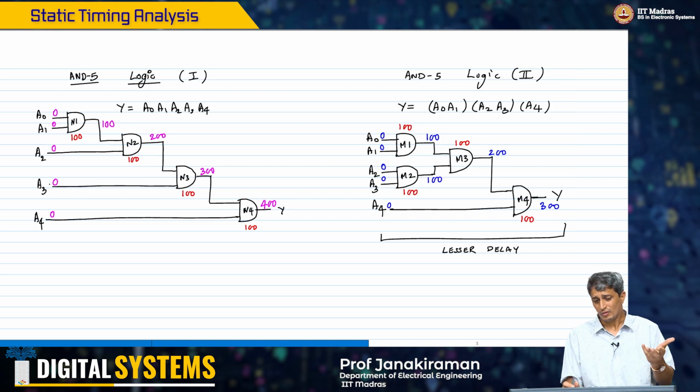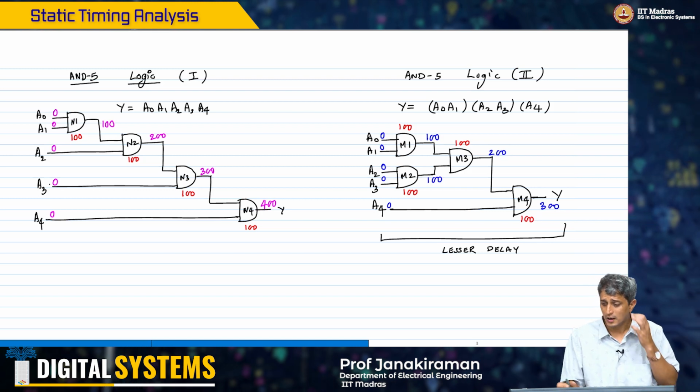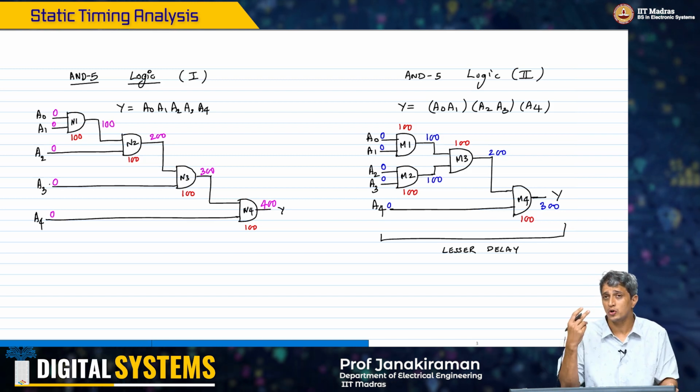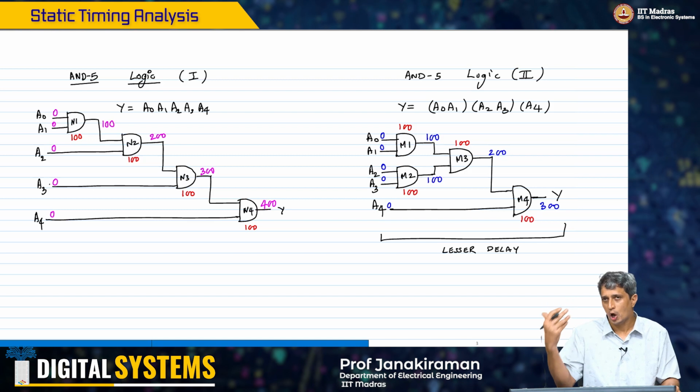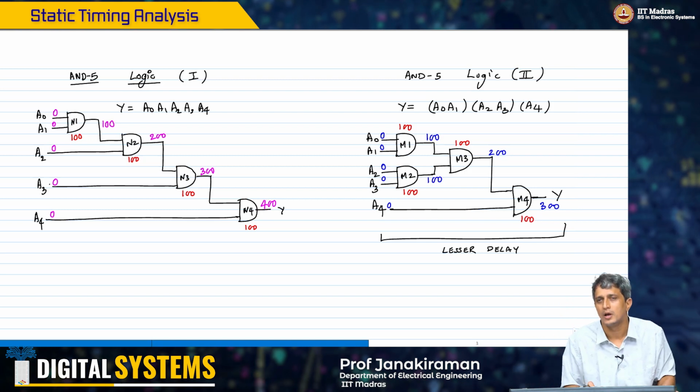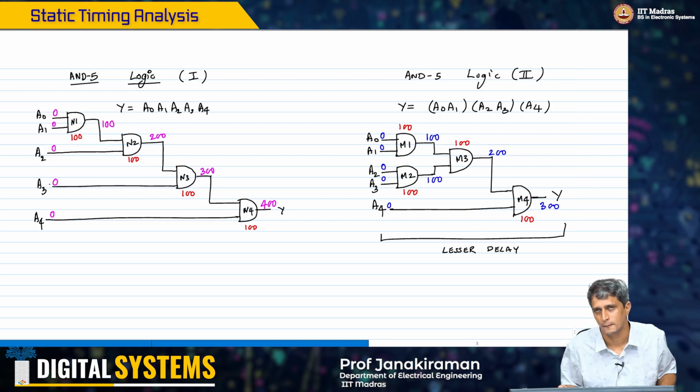So that's the reason sometimes you also need to be aware of the delay of these gates, because logically they might be the same, but in terms of delay they might be very, very inferior.